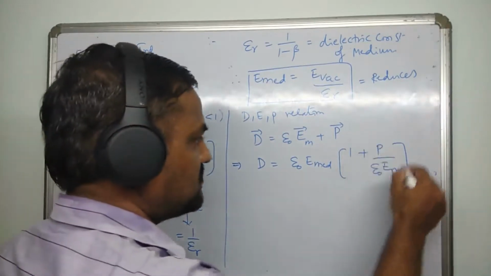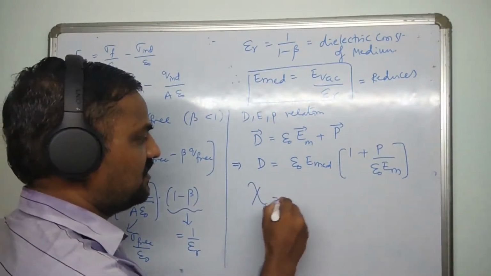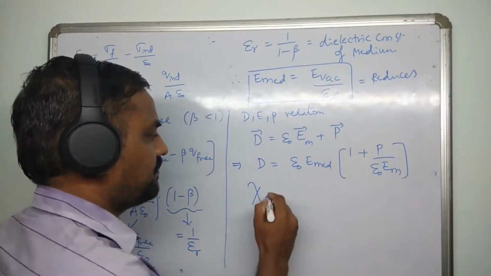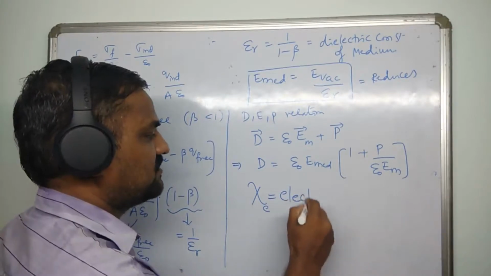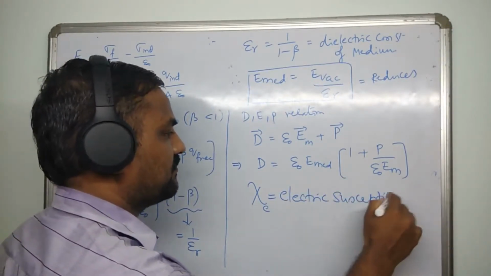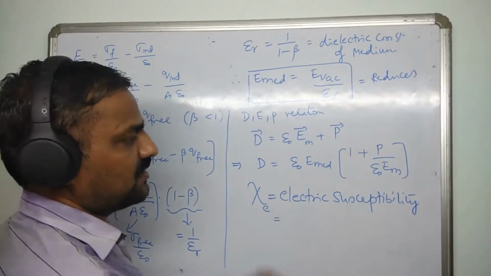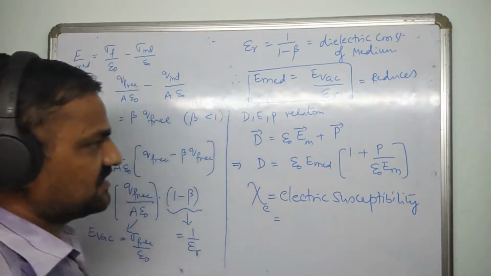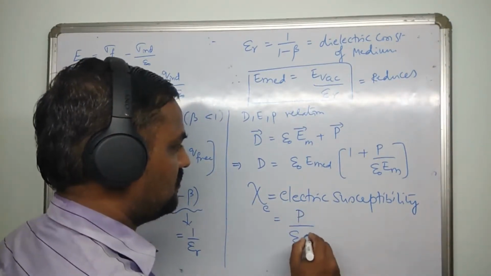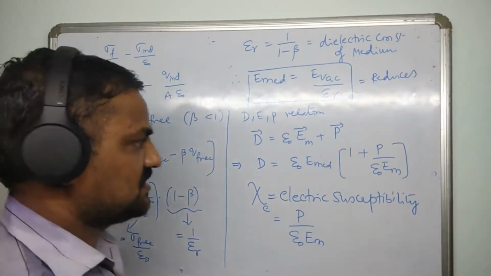Here I define this dimensionless quantity as chi E, the electric susceptibility. It's a tensor actually. So this is P by epsilon naught E medium, a dimensionless quantity, the electric susceptibility.